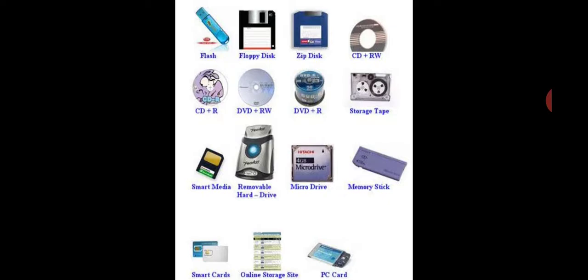The flash drive or the pen drive, the floppy disk, zip disk, CD-RW, that is compact disk read-writable, CD-R or compact disc recordable, DVD-RW or digital versatile disc read and write, DVD-ROM or digital versatile disc read only, storage tape, smart media, that is the memory chip, removable hard drives, micro drives, memory sticks are some of the secondary storage devices.